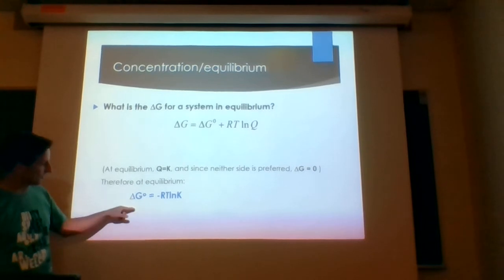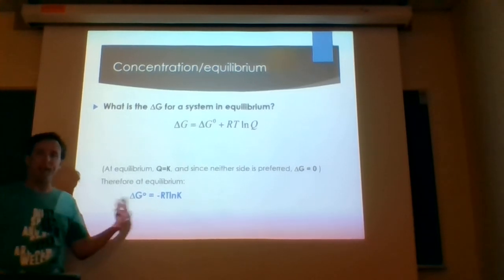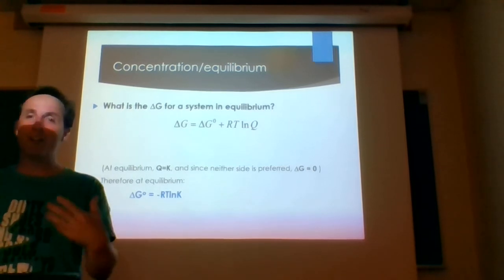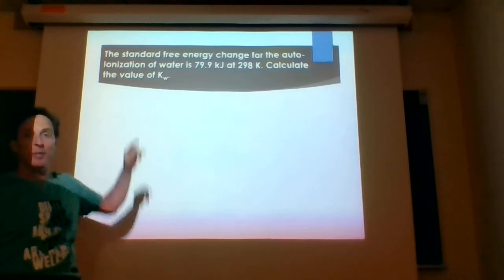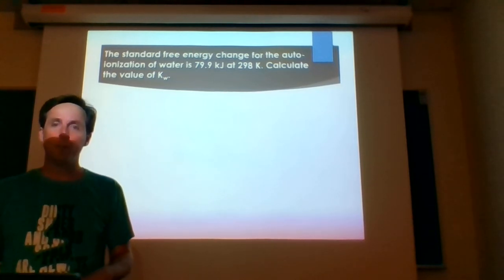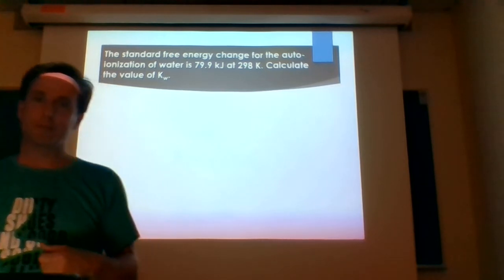Get that answer, don't forget the negative, and then do e to that number, that'll be K. We already know what the value of K should be because we've learned KW is 1 times 10 to the minus 14. So you should get very close to that number when you solve this problem.